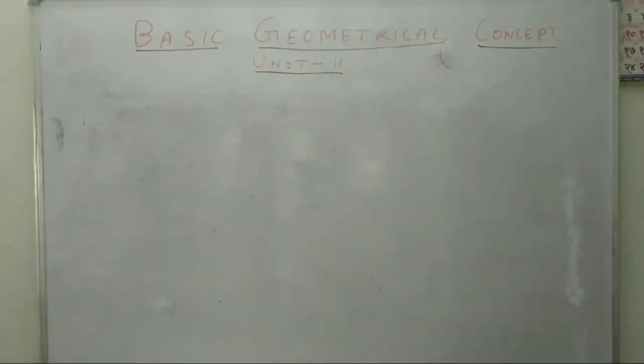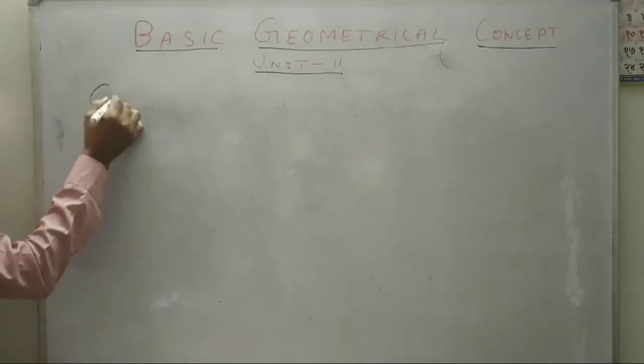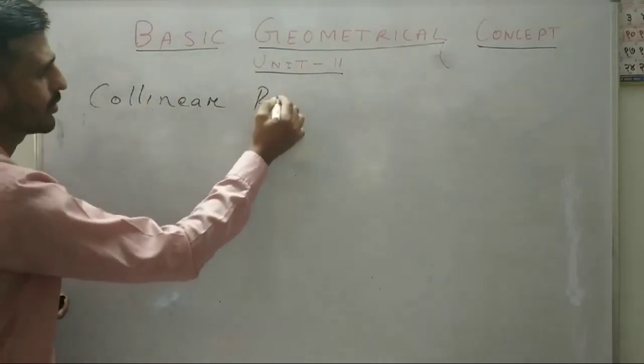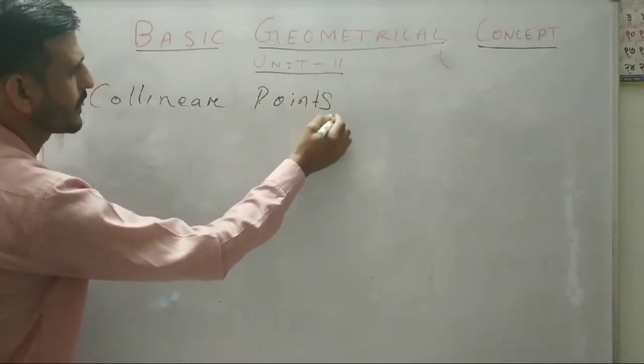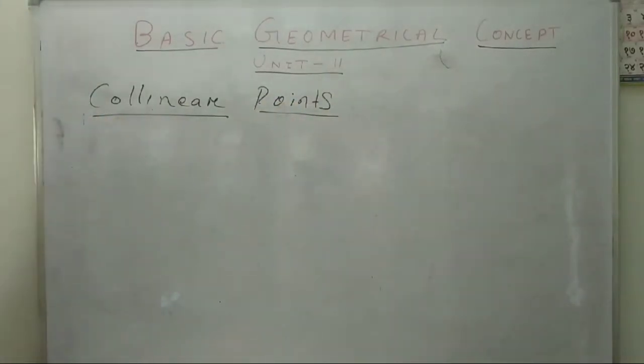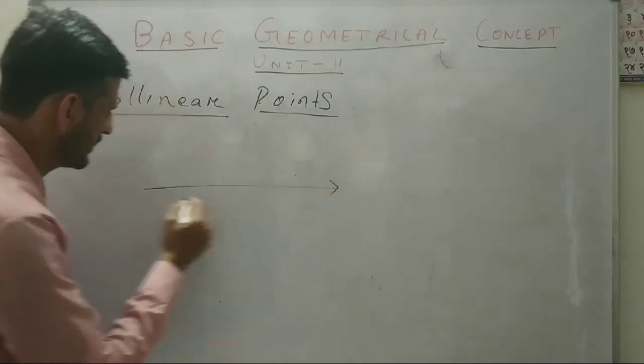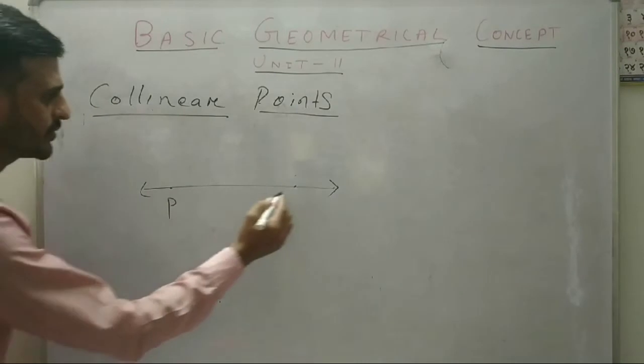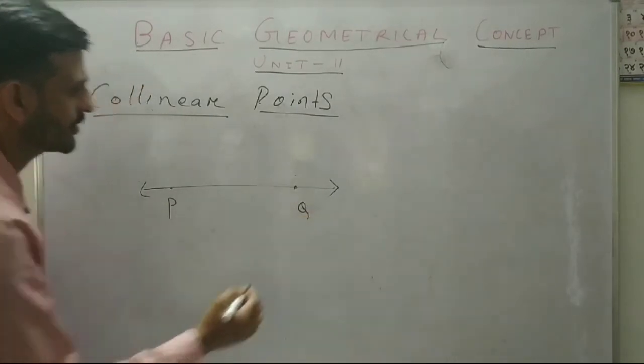Next property is known as the collinear property. What are collinear points? Look. Suppose there is a line, and in this line there are 2 points. A line is always represented by this type of symbol, PQ.